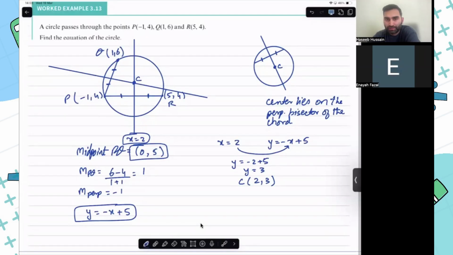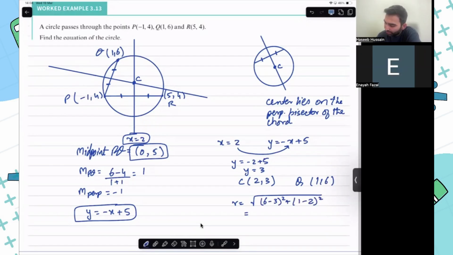Yes, sir. And to get the radius, we are going to find its distance from any of the possible points. So let's suppose your point Q is (1, 6). Your radius would be the square root of (y2 - y1)² plus (x2 - x1)².